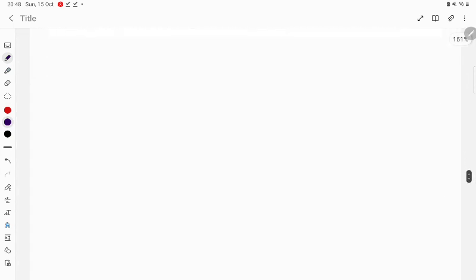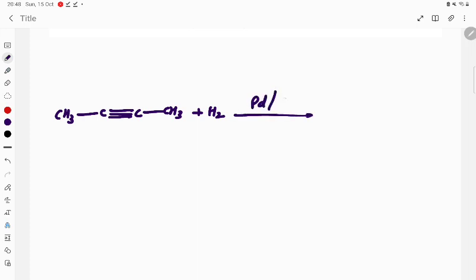Dear students, you come back to this side. Suppose I am having CH3, this is the C, and this is the C, here we have to take the alkyne, and there is CH3. Now what we are taking is H2, and we have to take the Pd/C in presence of quinoline.